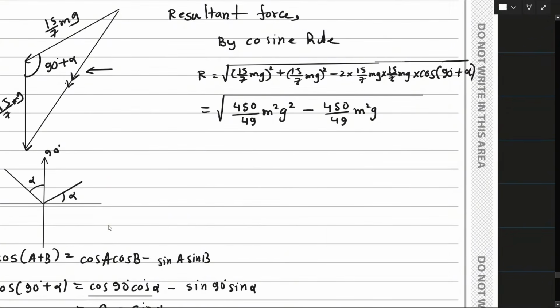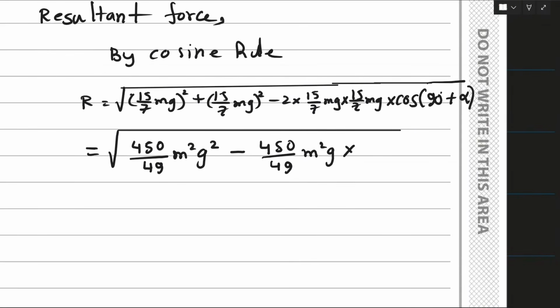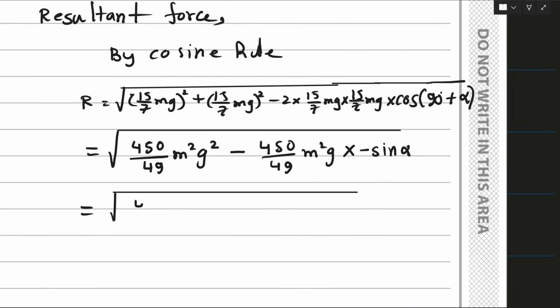So we can use this here. The reason we require this simplification will be clear in just a second. So we have minus sin alpha here, and that simplifies our expression to 450 divided by 49 m square g square, minus, I'm sorry, the minuses combine to form a plus, and then we have 450 divided by 49 m square g square.